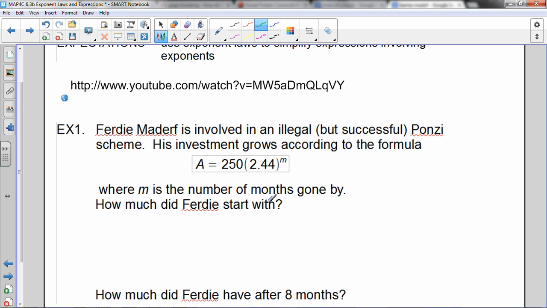How much did Ferdy start with? Well, one way to think of this is m equals 0, and then just calculate it, right? M equals 0, well, put this into the calculator, but anything to the exponent 0 is 1. So it's 250.